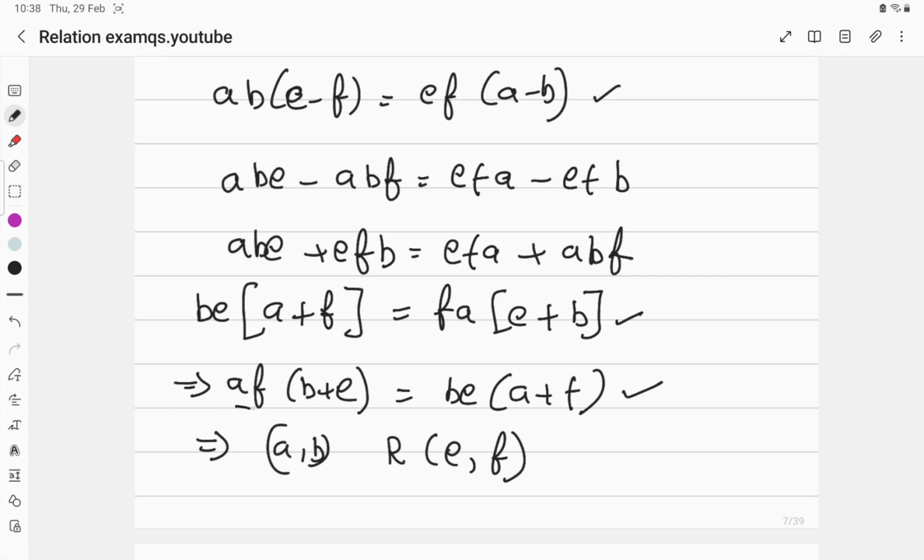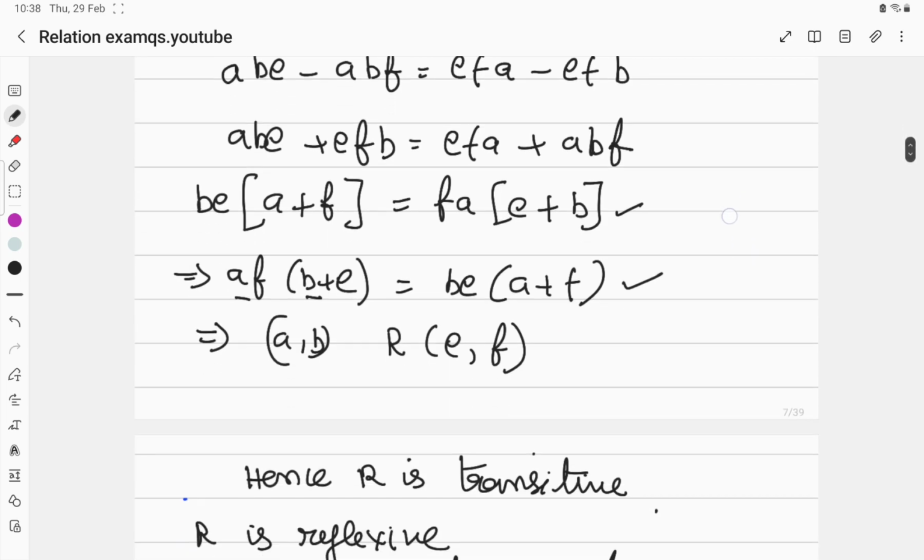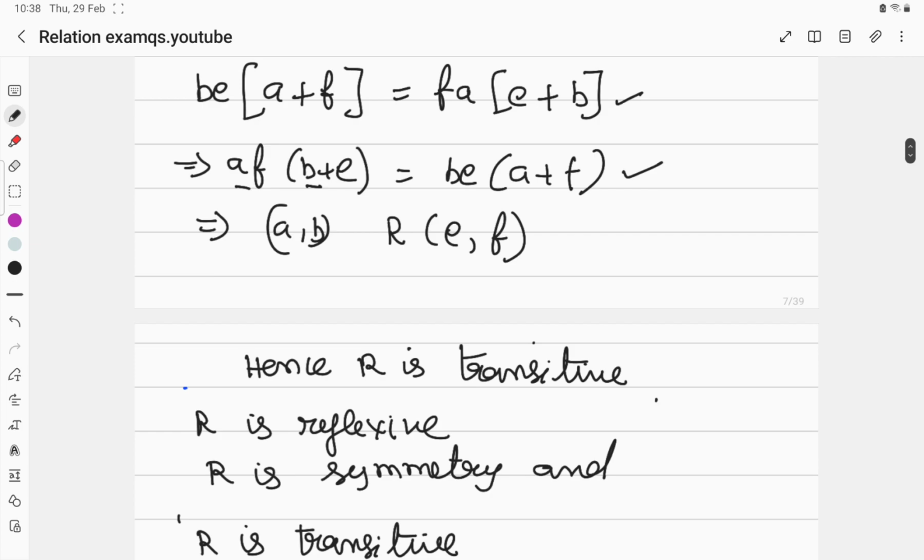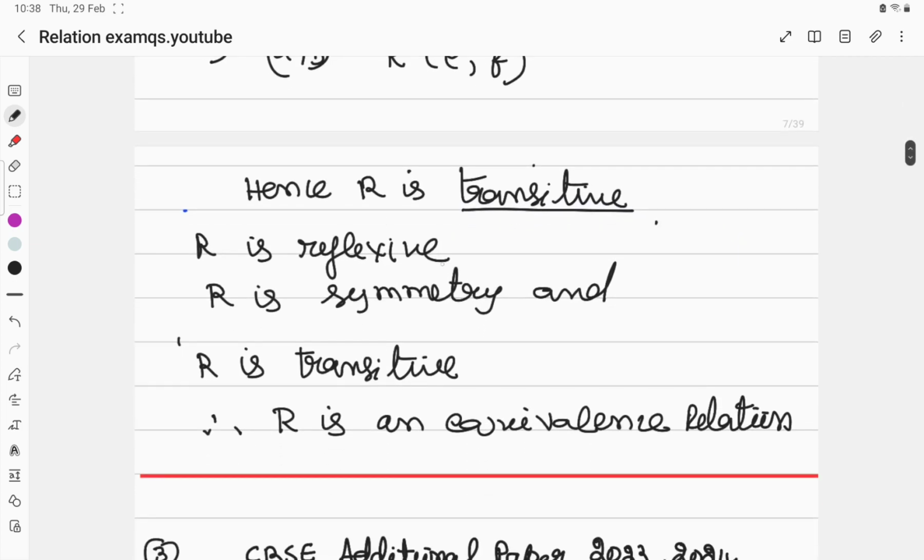Therefore, we get (A, B) related to (E, F). Hence, R is transitive. Since R is reflexive, symmetric and transitive, R is an equivalence relation.